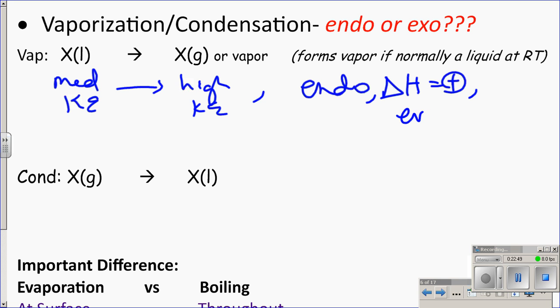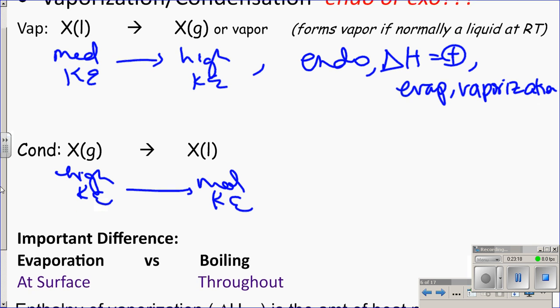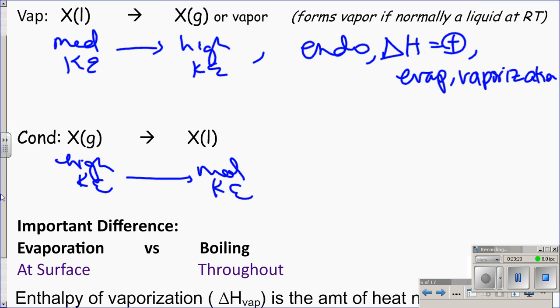Yep, you can say evaporation or you can say vaporization. And then the next one, high kinetic energy down to medium kinetic energy. And that process is exothermic. Therefore, delta H is negative.